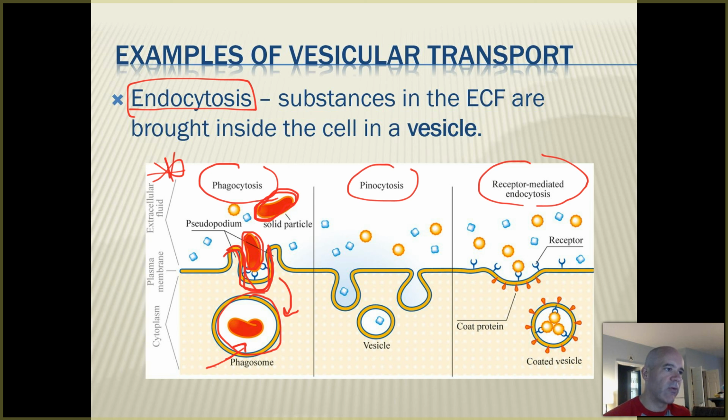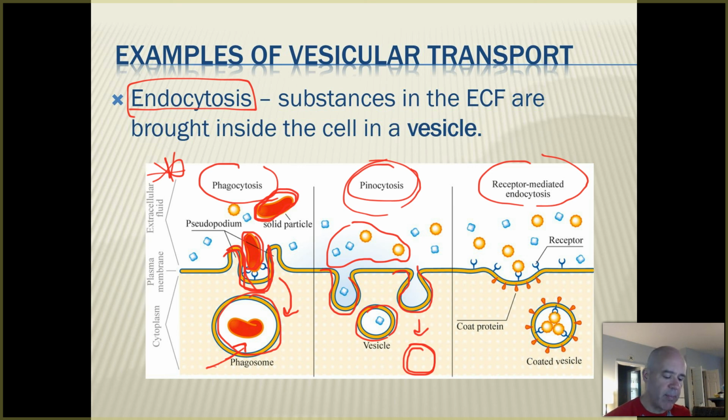That's phagocytosis, or cell eating. Pinocytosis, depicted here. Your cells do randomly pinch off portions of their plasma membrane and bring those pinched off portions inside as vesicles. Those vesicles will contain solutes that were floating around in the extracellular fluid. So they kind of randomly sample their environments. That's called pinocytosis, or cell drinking.